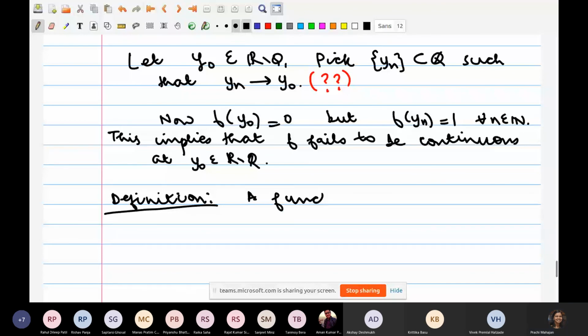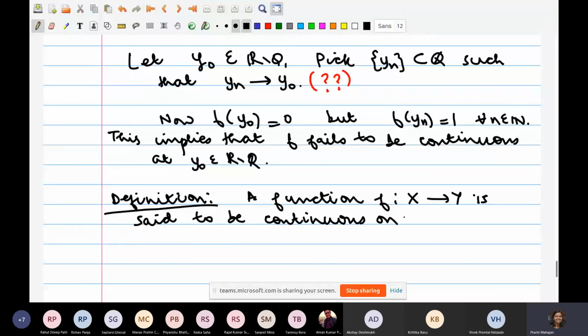Here I'm not writing it, but continuing with the same notation, a function from X to Y is said to be continuous on X if it is continuous at each point of X.